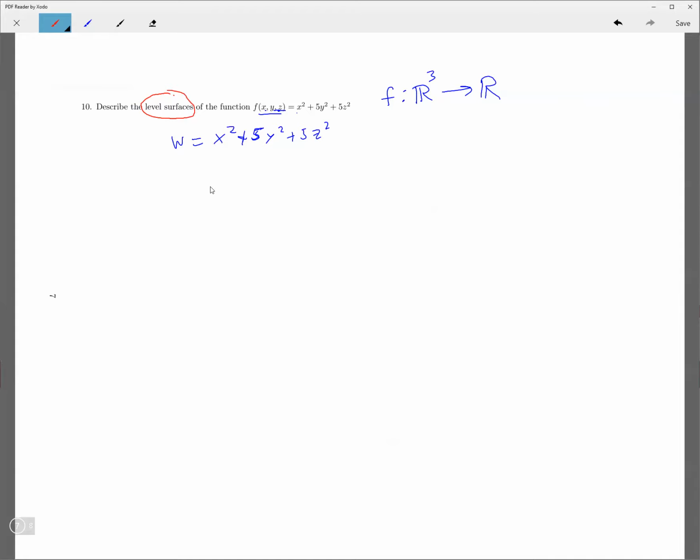So we're good there. So to get level surfaces, you just set these equal to constants. Okay, and what does this look like the graph of?